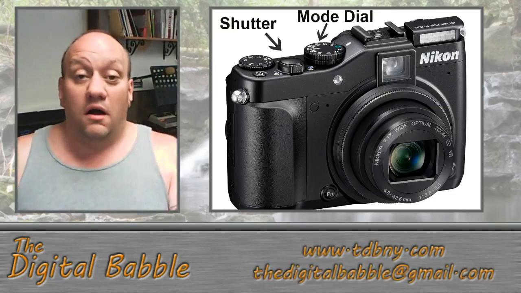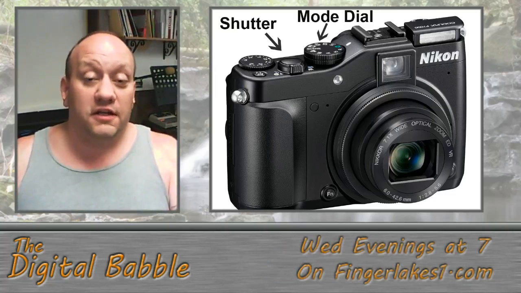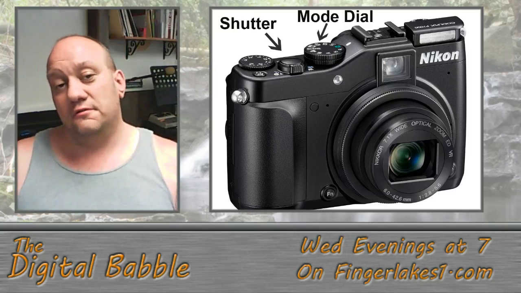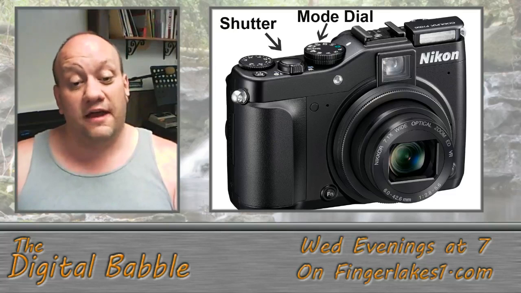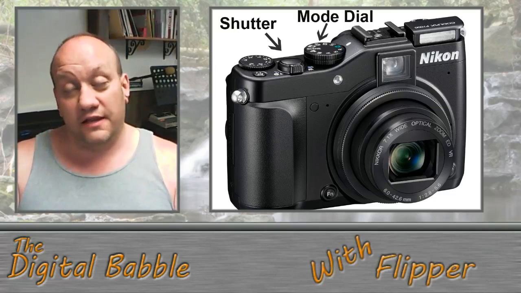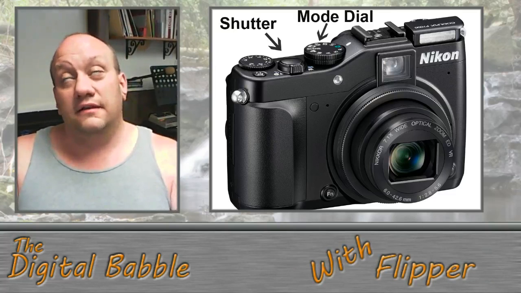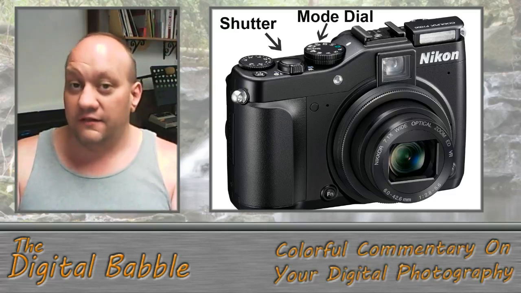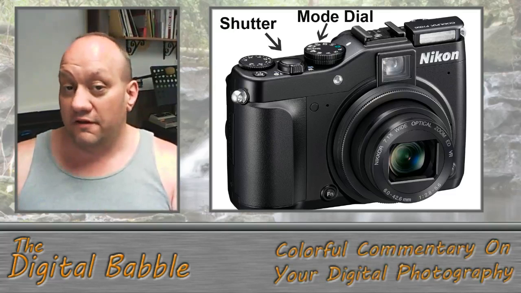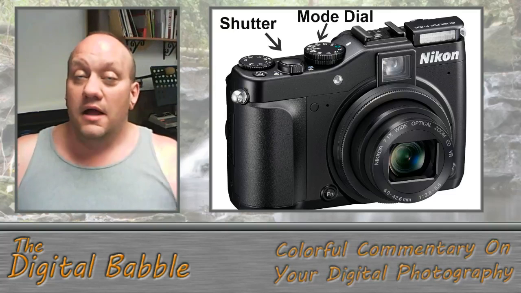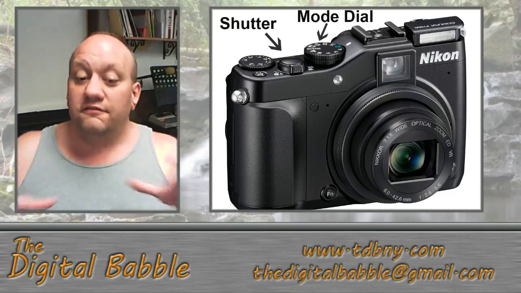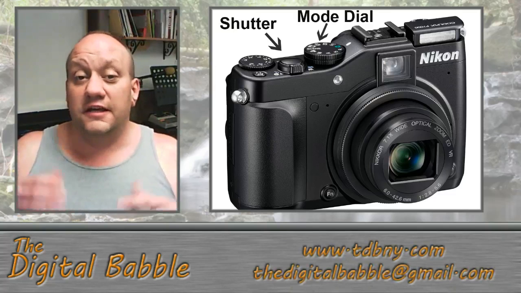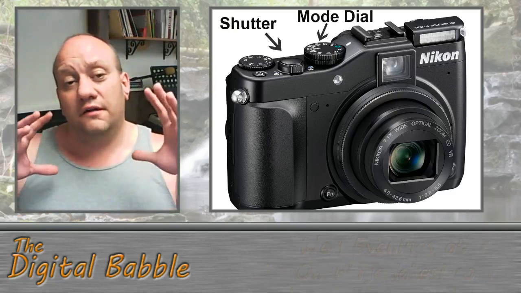Now, a good way to tell if you're getting a good point and shoot or a bad point and shoot is by the zoom range and the f-stop that the lens can operate at. Like the Canon G12 has an f2.8 lens at 24 to 135. That's a really good lens for a small point and shoot, because I get a lot of blur for doing portraits.